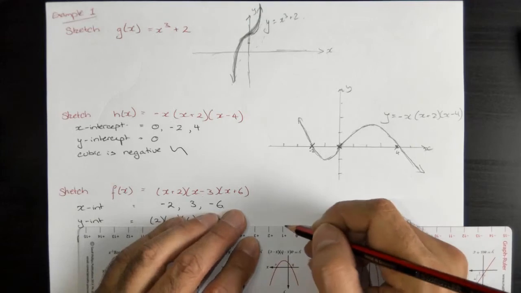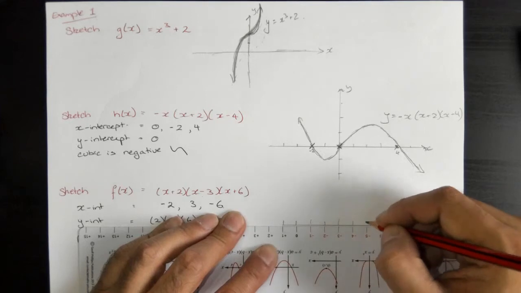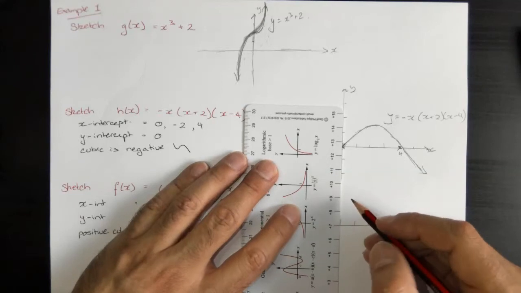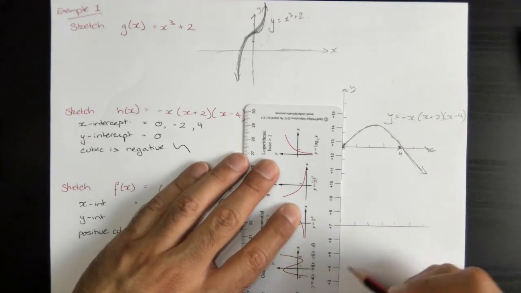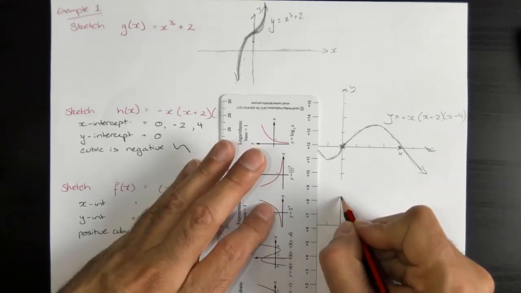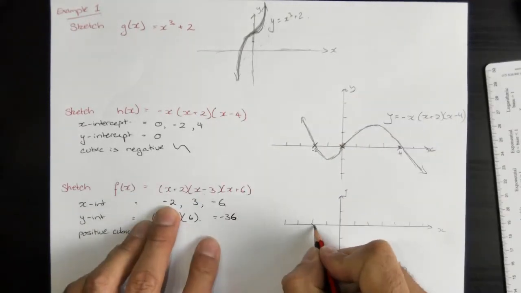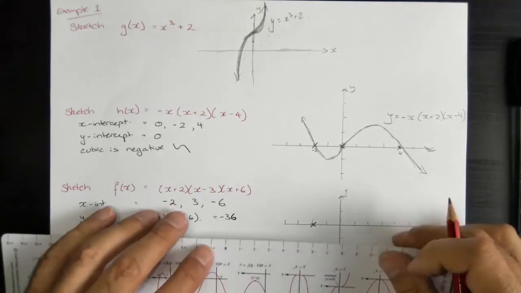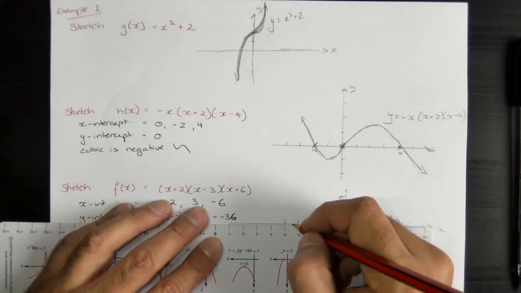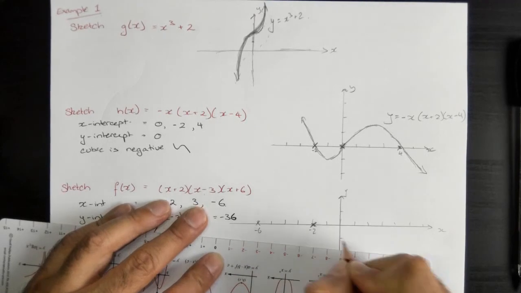So we've got negative 6, negative 2, and 3.